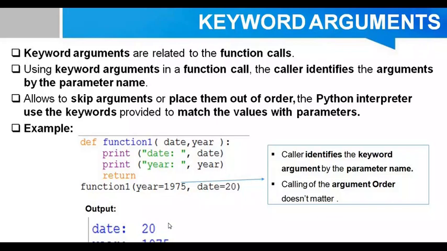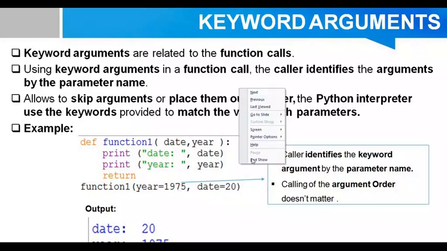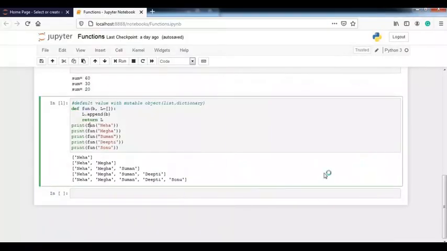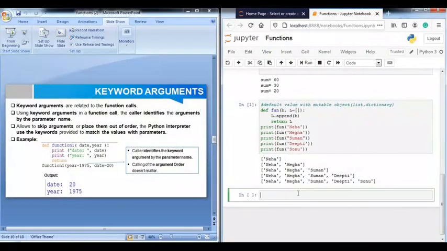So let me show you an example of this keyword argument, how to run it. It's the example of keyword argument. So simply I'm running. Okay, we use a different program. I am defining a function with two parameters, that is x and y.